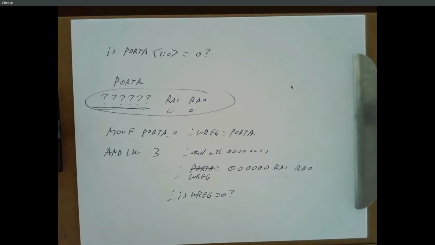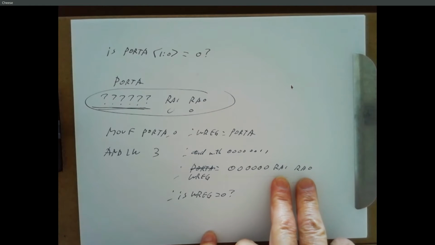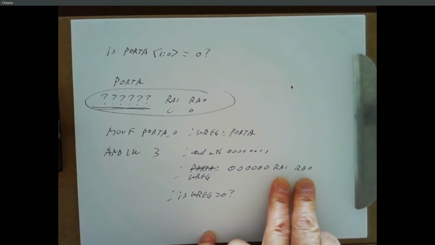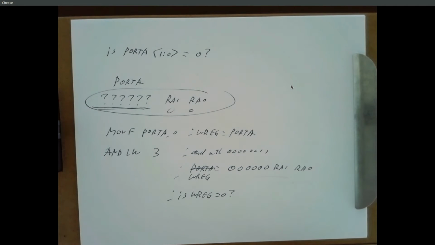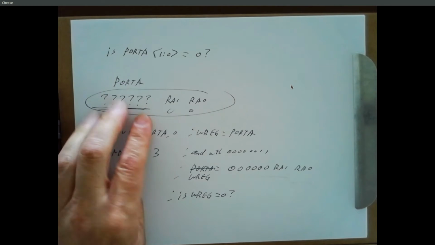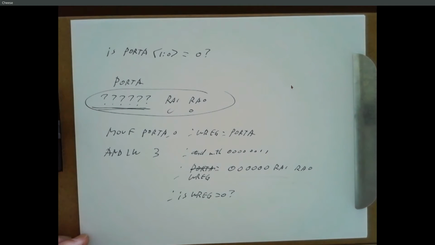And it'll be equal to 0 precisely if RA1 and RA0 are both 0. And the other values in these upper bits in port A don't bother me at this point. Right, so I'm masking out these bits so I can just look at those bits I'm interested in.